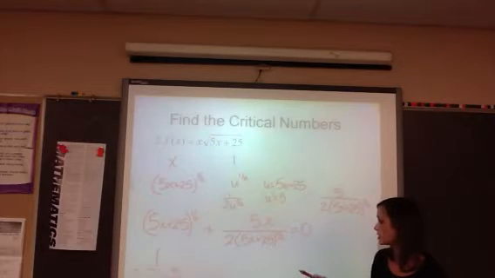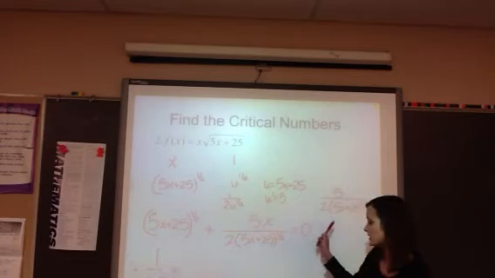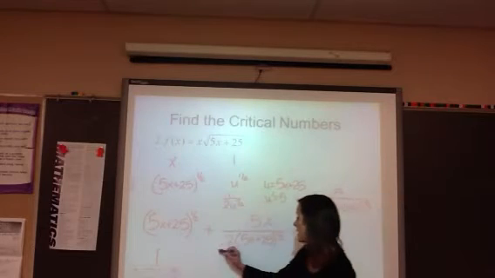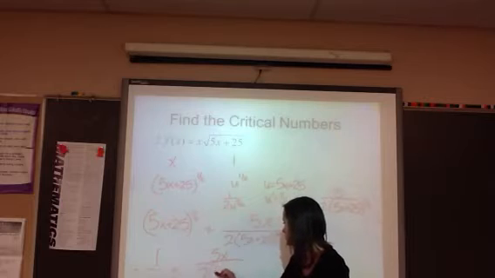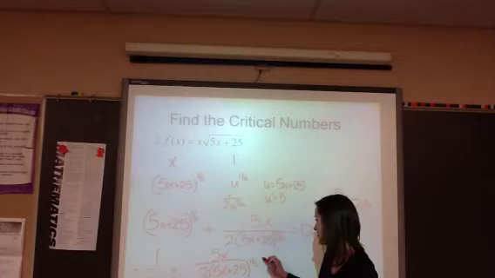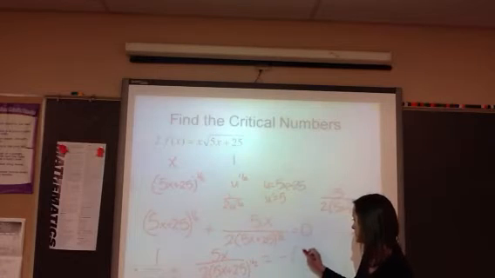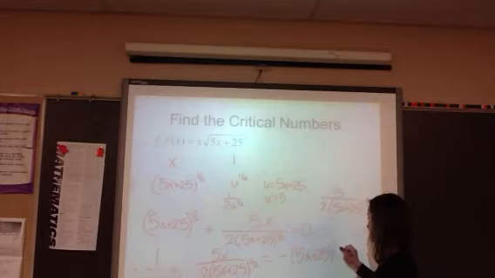You can do that first, or you can do it last. I'm going to do it later. I'm going to move this to the other side. So I have 5x over 2 times the quantity 5x plus 25 to the half power equals negative the quantity 5x plus 25 to the half power.